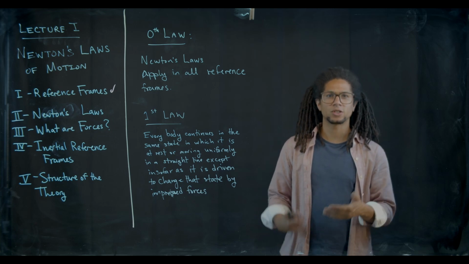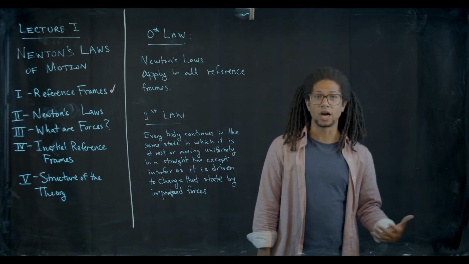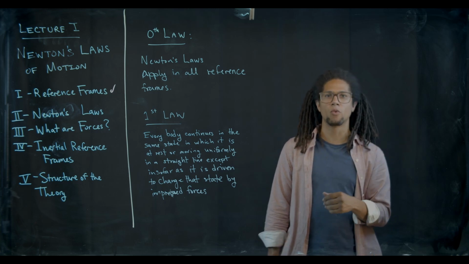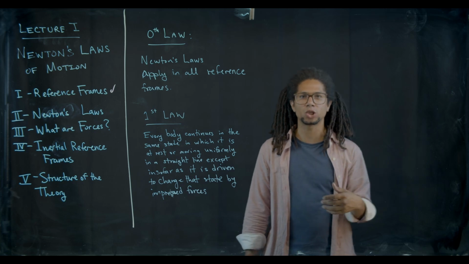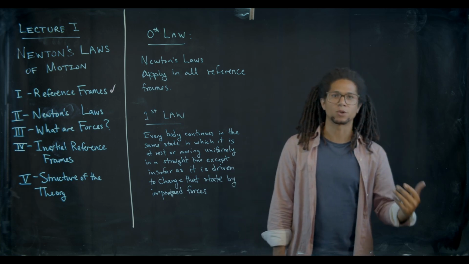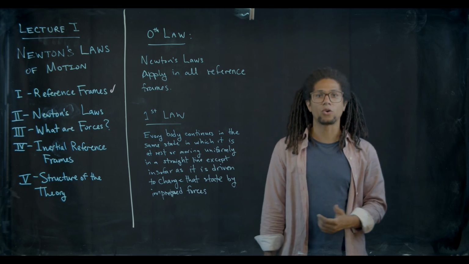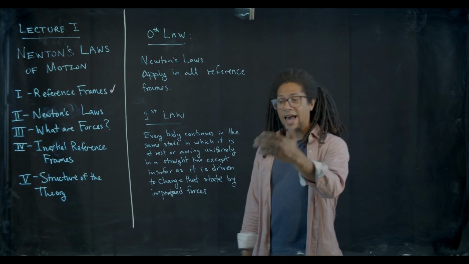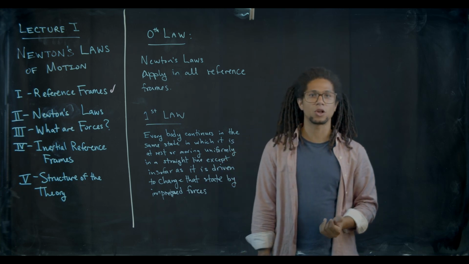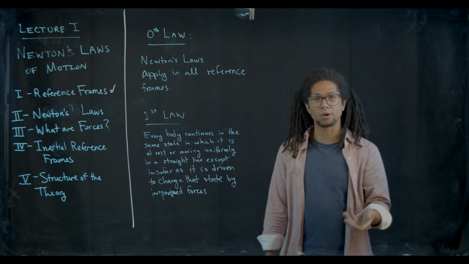Now, many authors seem very confused about the first law. Some have argued that it's redundant because the second law, as we'll see in a moment, tells us how large the acceleration is from a given force. And in particular, if the force is zero, then the acceleration is also zero. And so they would say, doesn't that imply the same thing as the first law, namely that if there is no force, then there is no acceleration?